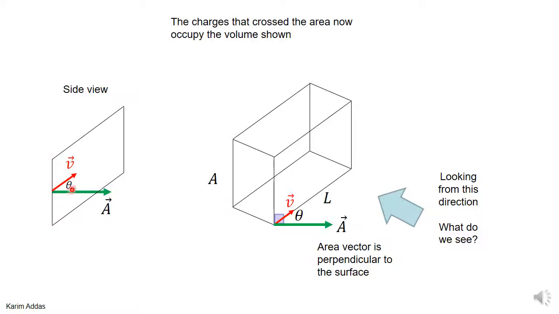So the area vector is perpendicular to the area, and the charges now are moving with a velocity v, which is at some angle with respect to the area. In the previous case, the velocity was in the same direction as the area, but now there's some angle. If you want to imagine how it looks, you can always imagine this side view. This is an attempt to make a three-dimensional view of what's happening.